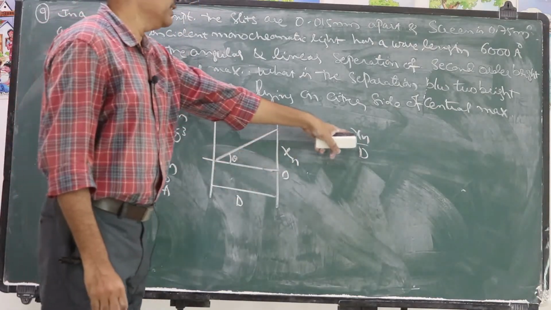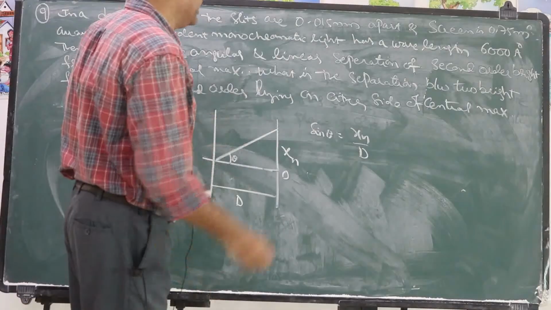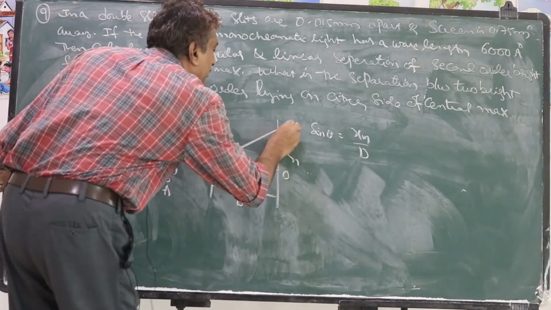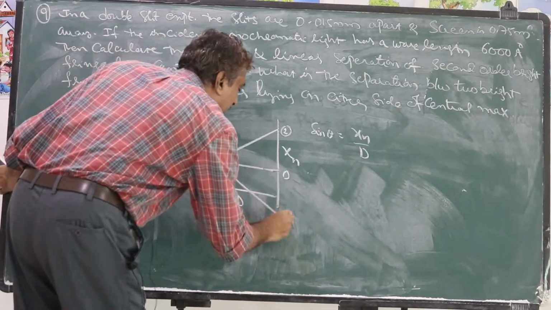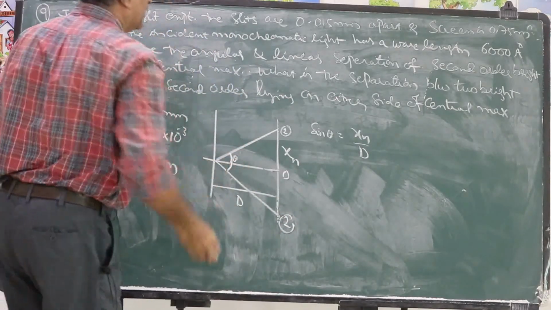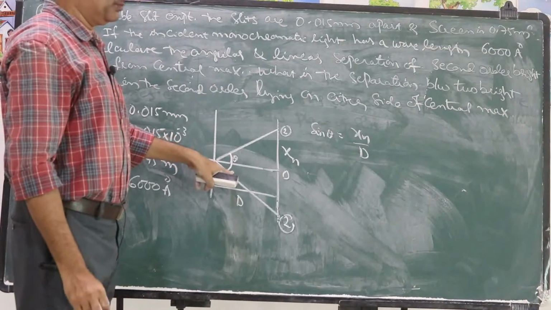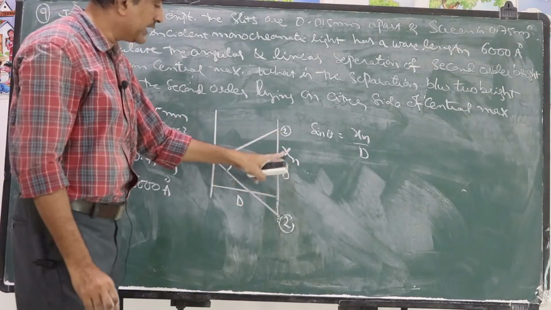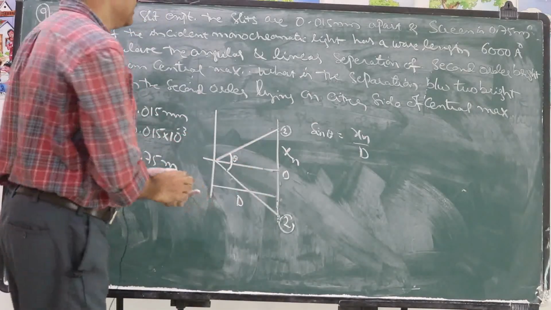So xn is linear separation. Another condition is, suppose this is the second bright here and we get the same second bright on either side also. Now we have to find this total angle. That means it's nothing but 2 theta, and here it is also 2xn. Separation between these two is xn plus xn, 2xn. So we have to find these two.